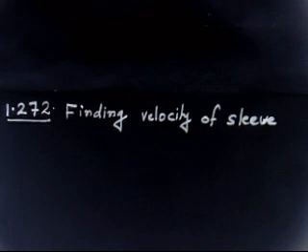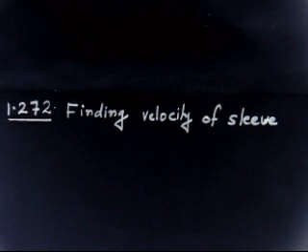Let us discuss problem 1.272. This says, a smooth rod AB of mass m and length L rotates freely with angular velocity omega naught in a horizontal plane about a stationary vertical axis passing through its end.